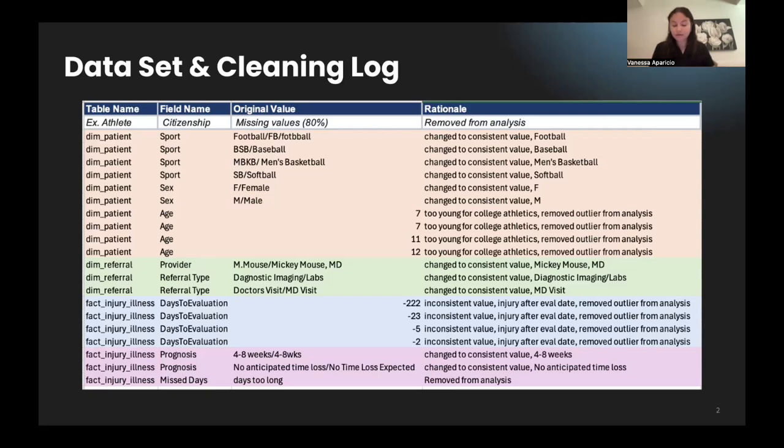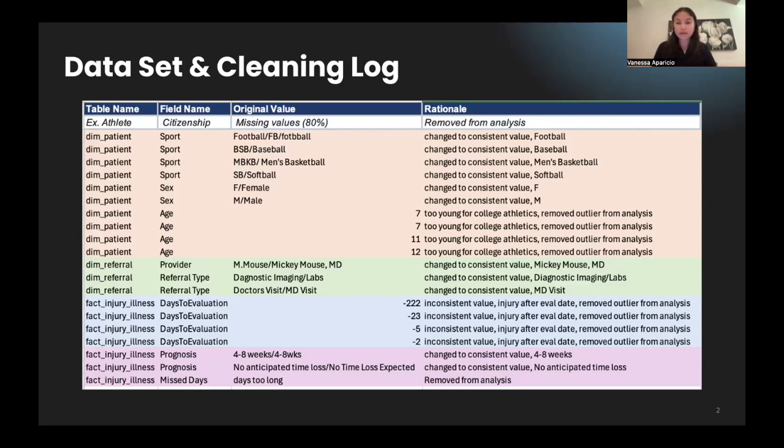I also decided, for the sake of maintaining as much of the data as possible, to remove any outlier data while keeping the remaining data of the participant. So, for example, if we look at the patient category in the first color, we can see the last four rows are all patient ages that would be too young for college athletics.